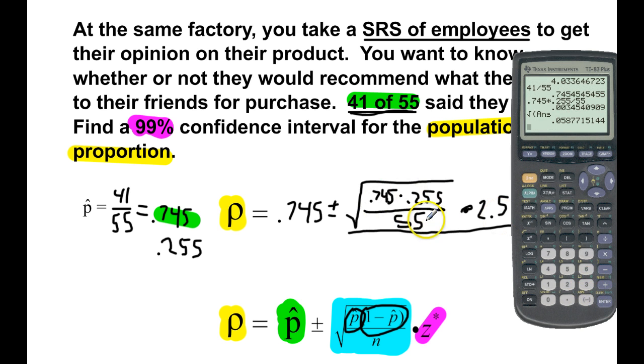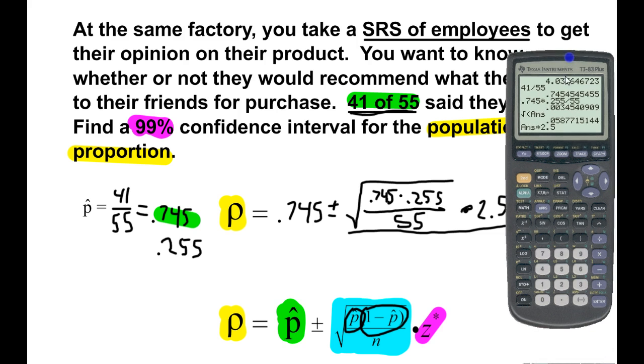So now I have this first part here, this is the standard error, 0.0587, and then I'm going to multiply that by the 2.576, and now I have my margin of error, 0.15.